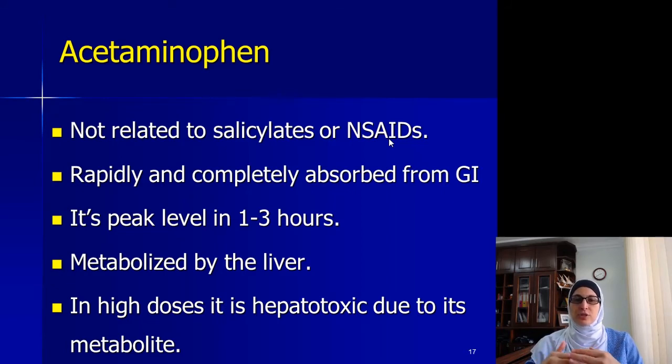Recently, they decided to reduce the dose of acetaminophen in combined medication. There is a lot of medication in the market in which acetaminophen is combined with aspirin, opioids, or caffeine, for example Panadol Extra, which is combined with caffeine. So you'll find acetaminophen in lots of over-the-counter medication because of its safety.